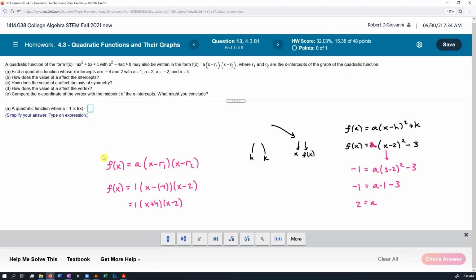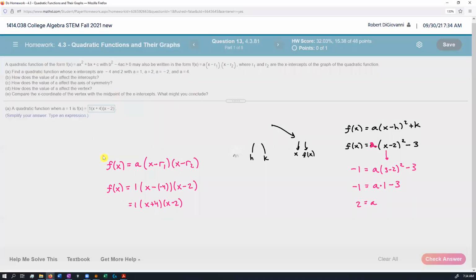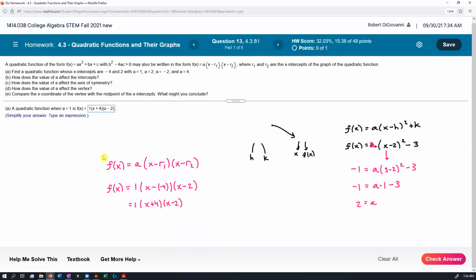So let's type that in. I don't need the 1, but I'm going to put it there. X plus 4 times x minus 2. There we go. Wow, that's incorrect. What the heck? Do they want us to expand it? Maybe they want us to multiply this out. Okay, let's get rid of the 1.